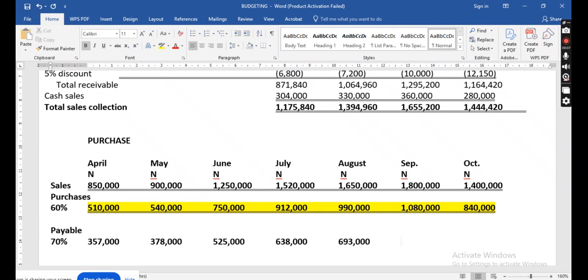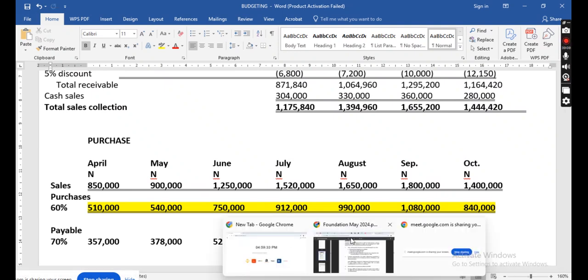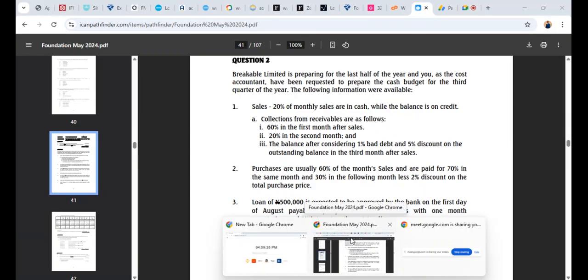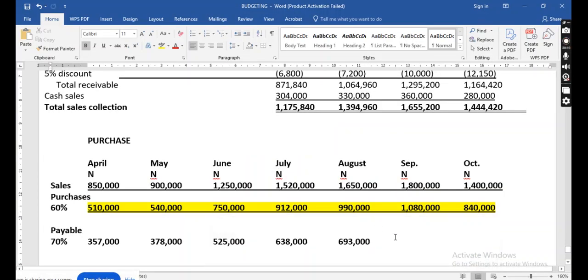Class, I'm not with any suggested solution. I'm not with anything. Any figure you give me, I'll even issue a disclaimer. That is the figure I will put here, and you can go and check it, right?